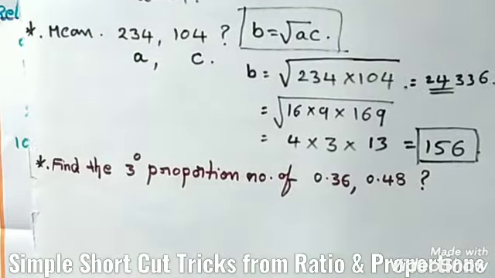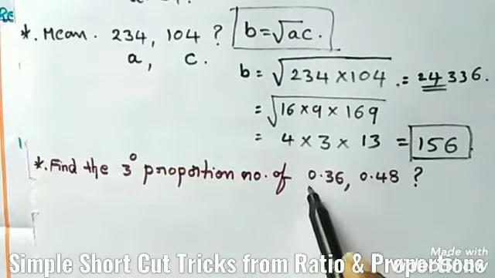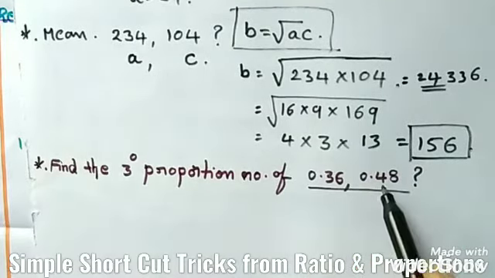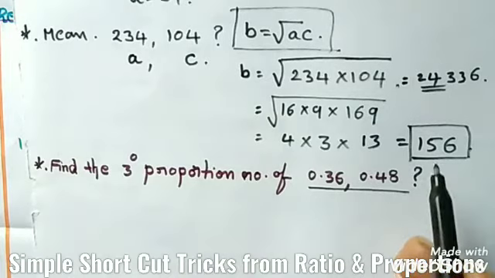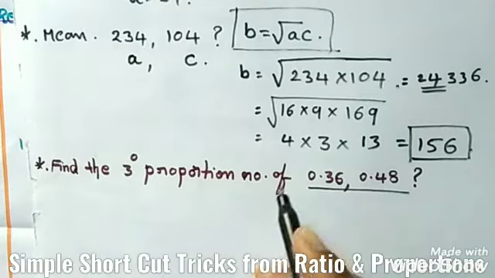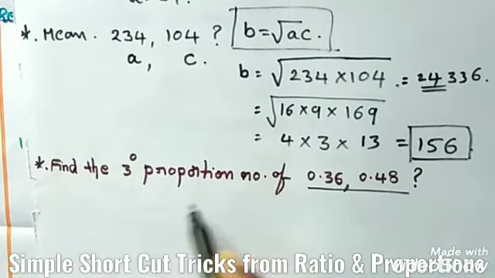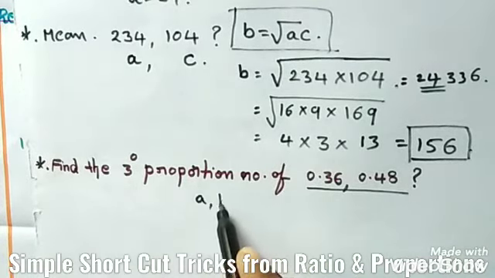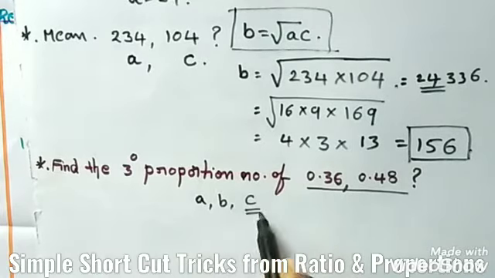Let us see the next example here. Find the tertiary proportion number of 0.36 and 0.48. So here you have to find out the tertiary proportion, nothing but third proportion number. This is the first number, second number, this is the third number.